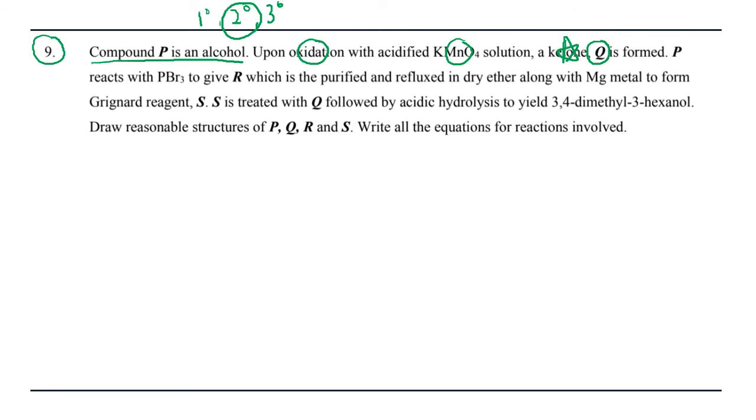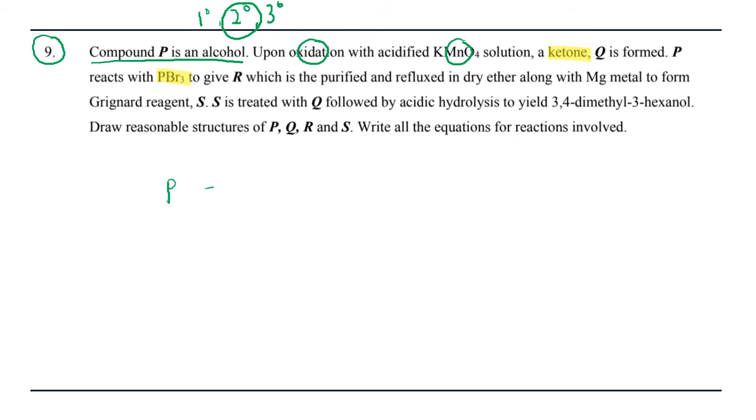Tertiary alcohol will not be oxidized, while primary alcohol is oxidized to become an aldehyde or carboxylic acid based on the strength of the oxidizing agent. Then P reacts with PBr3. So yes, we also can confirm that P.